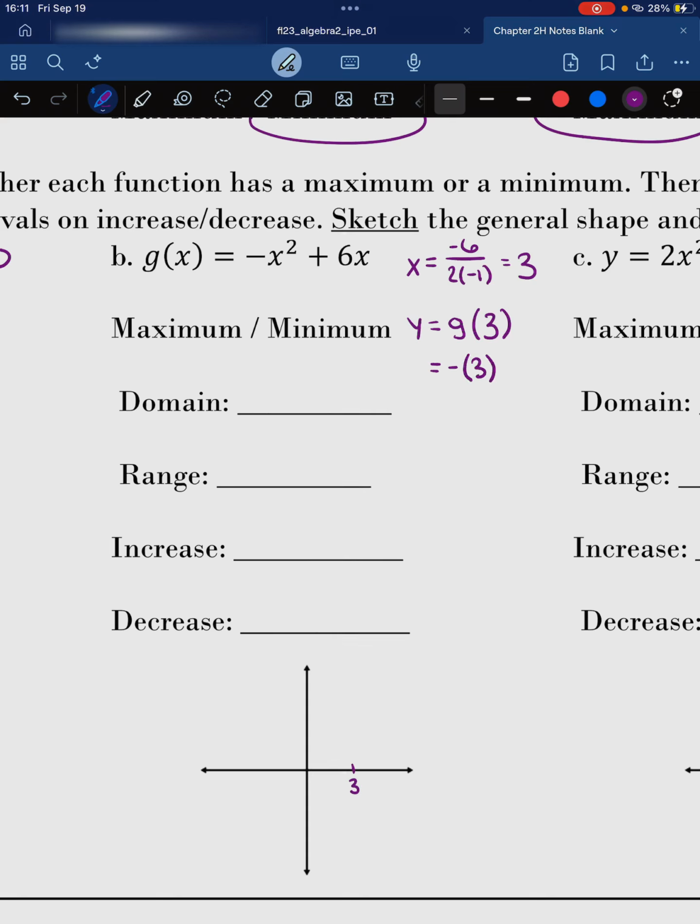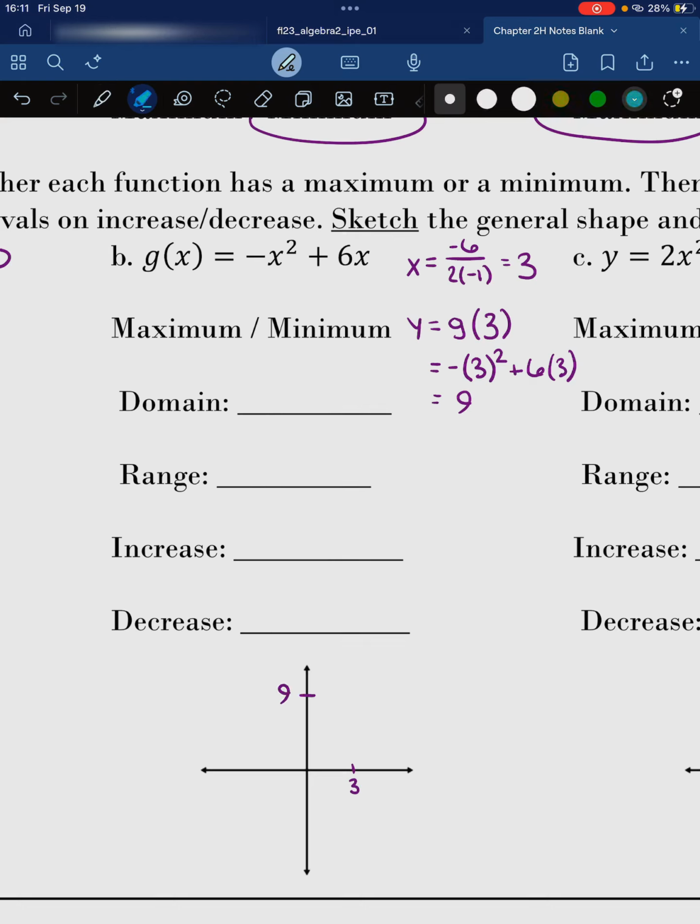My input is a positive 3, the negative stays in front. I am only squaring the 3. And that's what's going to cause the parabola to open downward. And then plus 6 times 3, and that is going to equal 9, I believe. Okay, so then my y value is 9.